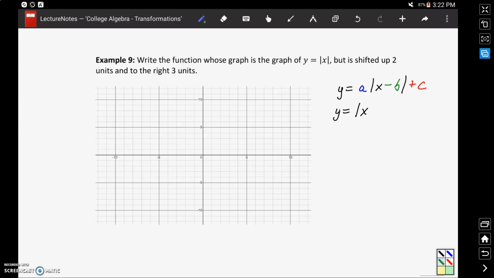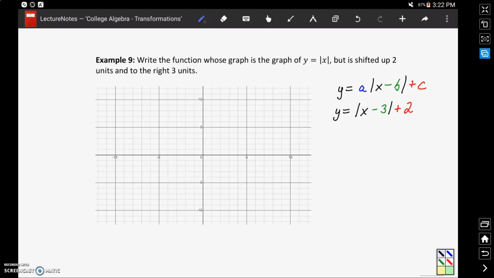We would want our value for b to be 3 since we're shifting to the right by 3 units. And we would want our value for c to be positive 2 to represent that shift up of 2 units.